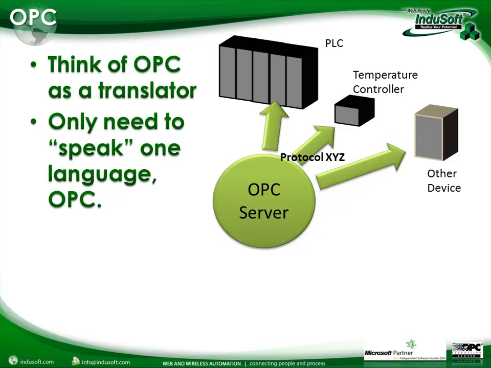But let's say, for example, this OPC server software is able to talk to these particular devices, whether it be a PLC, a temperature controller, a drive, or some other device. That OPC server software is able to communicate protocol XYZ, and that might be one protocol or multiple protocols.